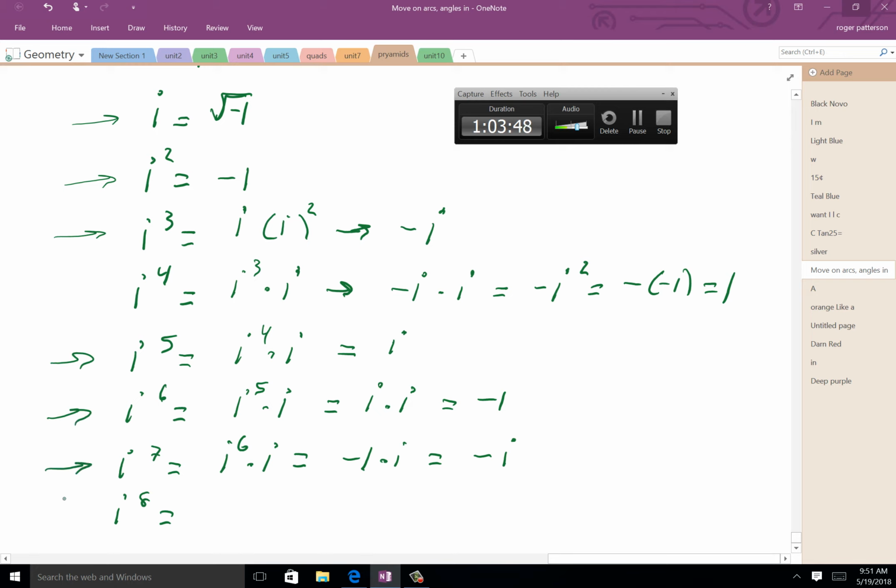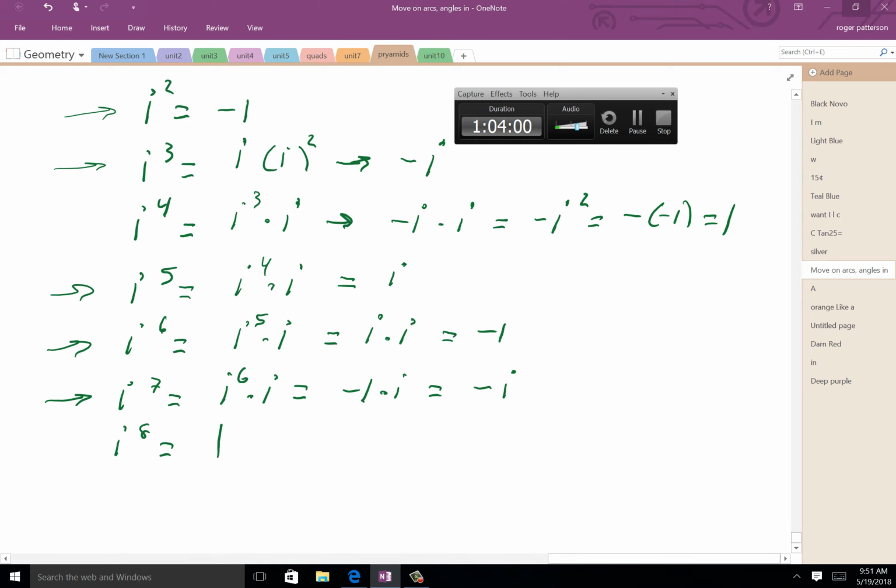Any predictions as to what i to the 8th is going to be? There it is. So this is just going to continue to repeat. If I said, what's i to the 100th power? Well, you don't have to write all of them out. You can figure it out, because what happens every 4th power on an i?